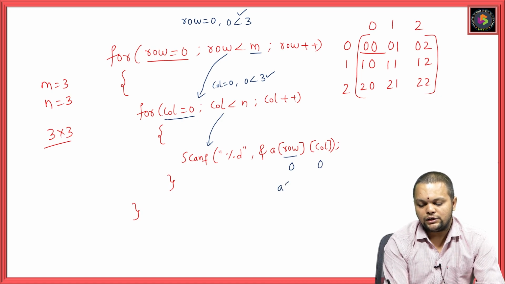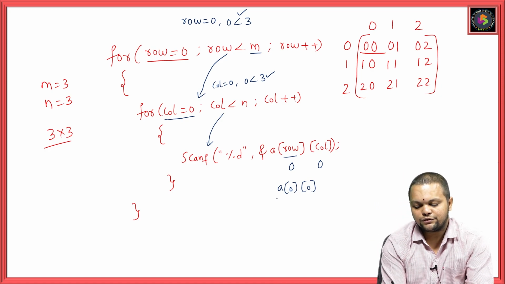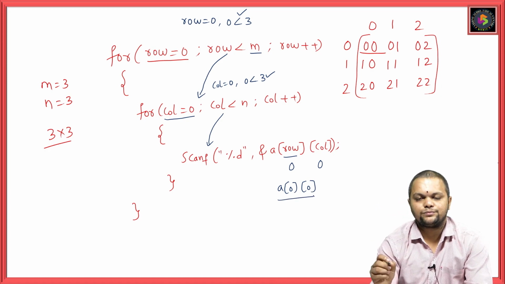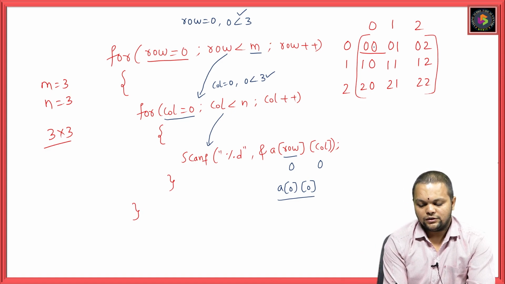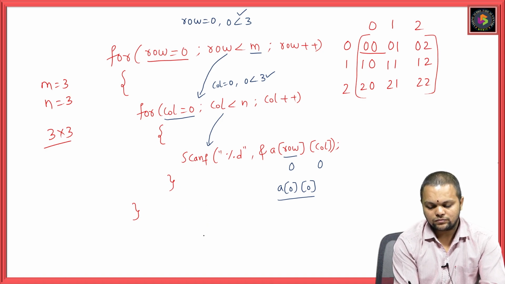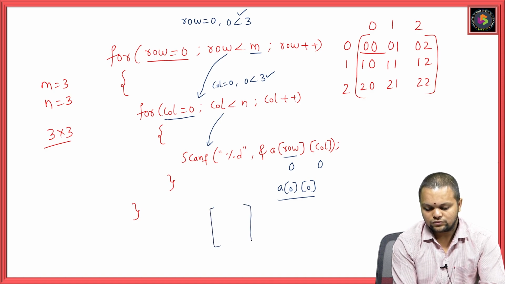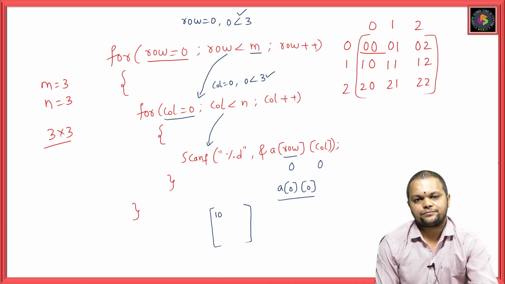This will give the value to a of 0, 0. A user will enter the value for a of 0, 0. So at this particular position value is entered. At this position I have given some value, a of 0, 0, 10.